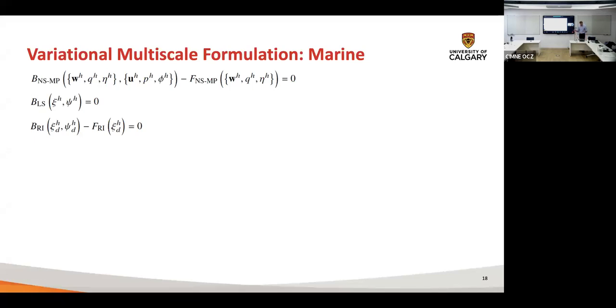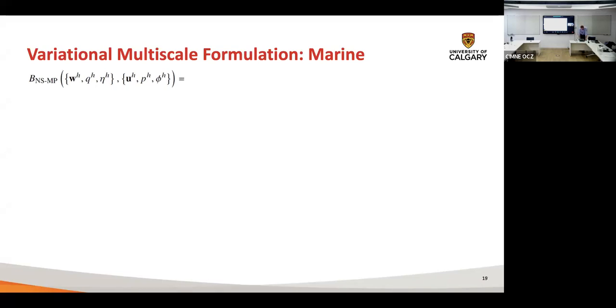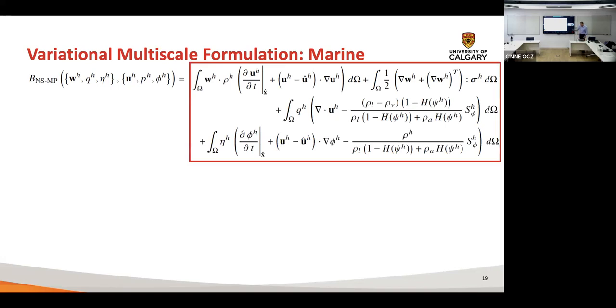Now we can define our governing equation in this nice simple bilinear form, and let me show you what this bilinear form looks like when we put all of the components together. First of all, you have your standard Galerkin, which we said is not enough, it's unstable.